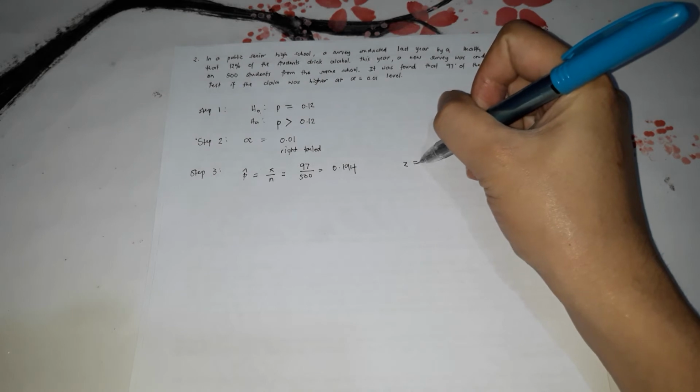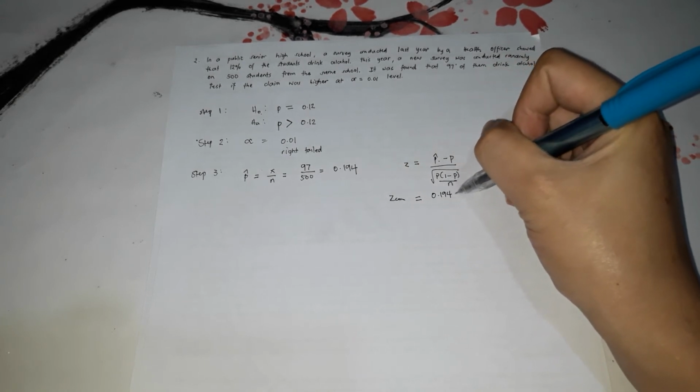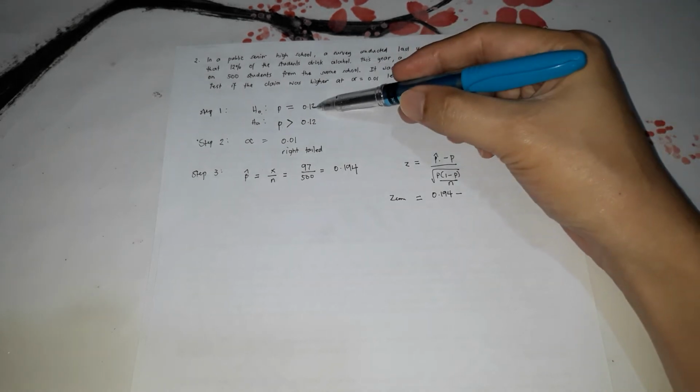So solve for z. The formula is p hat minus p over square root of p times 1 minus p over n. This is for z computed. So p hat is 0.194 minus p, which is 0.12, over square root of 0.12 times 1 minus 0.12 over n, which is 500.